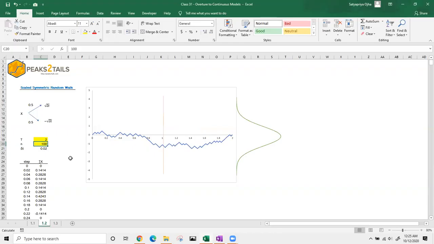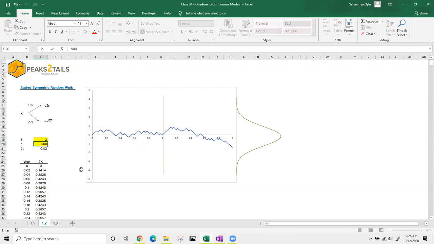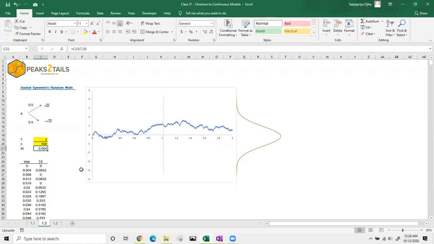Variance is now t, or variance is 2 right now. Okay. And if you make the number of steps even higher, this will look like a Brownian motion.